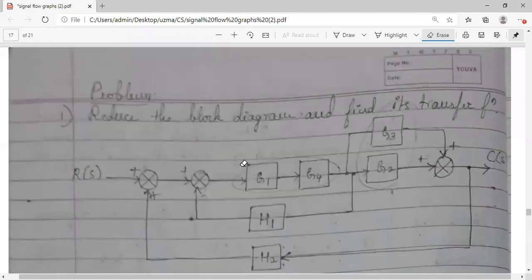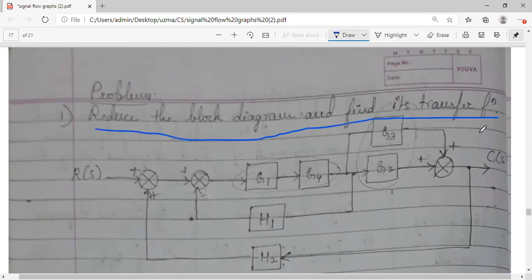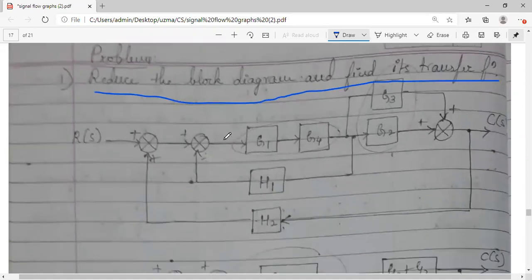This is the first problem which we have already covered in the previous session. Just for your reference, I have taken this. Reduce the given block diagram and find the transfer function. We have already done this problem. You can see what different rules we have applied. I hope you remember the rules. That slide is not with you right now, or with me right now. But just look at this.